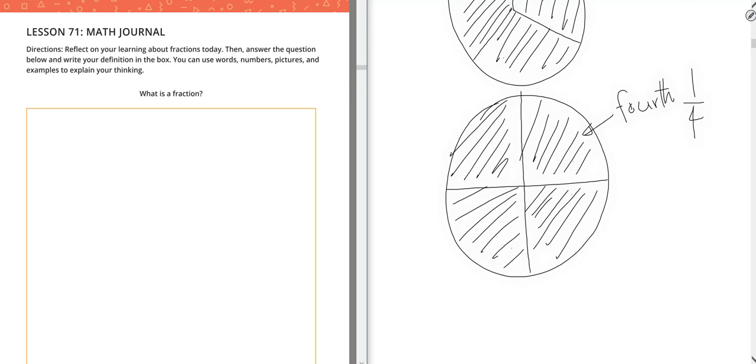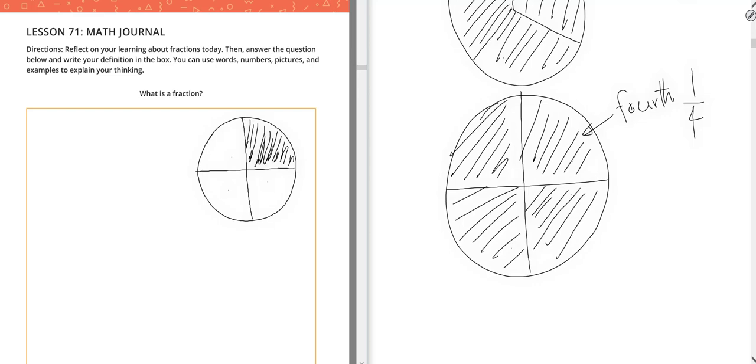Okay, what is a fraction? This is a circle or pizza. You want to distribute it among 4 friends. Every friend takes a part. This part is called a fraction. We have 4 equal parts. One part of them is called a fraction.